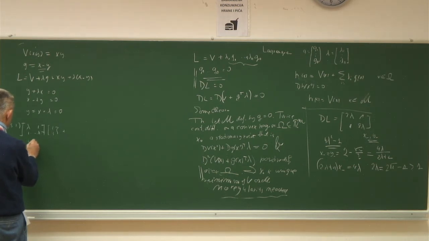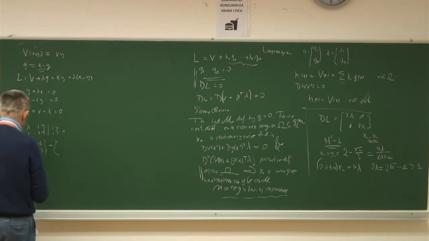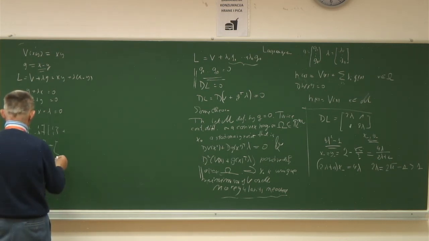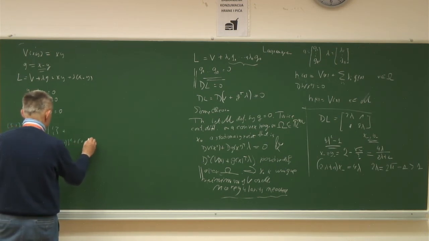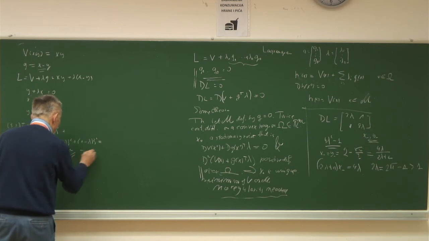That is, (λ+1)ξ² + (1−λ)ξ², and that's equal to what? (λ+1)ξ² plus (y − ξ)², and that's equal to 2ξ², and that's positive.